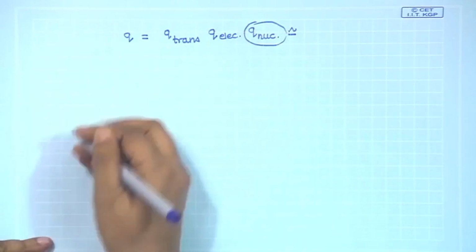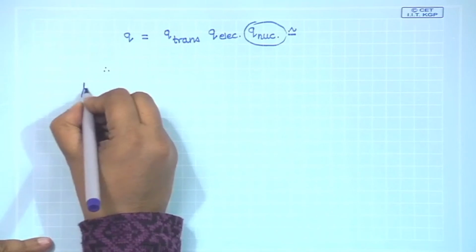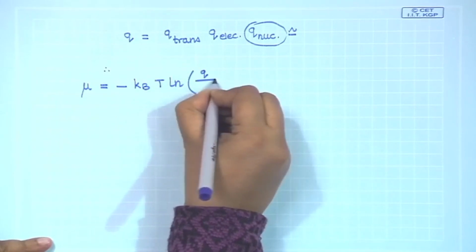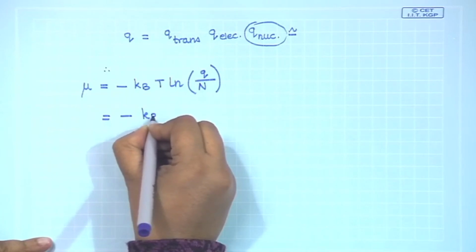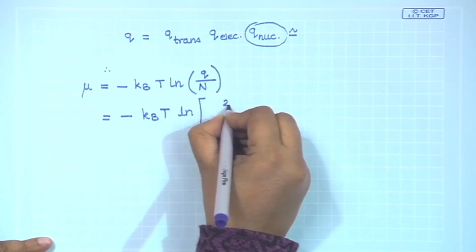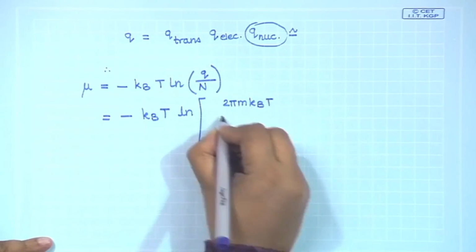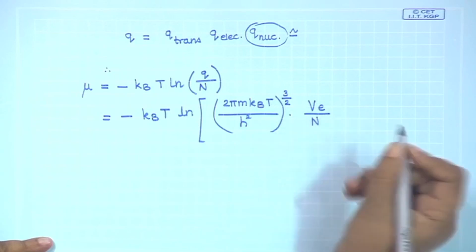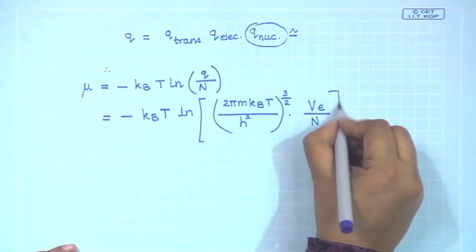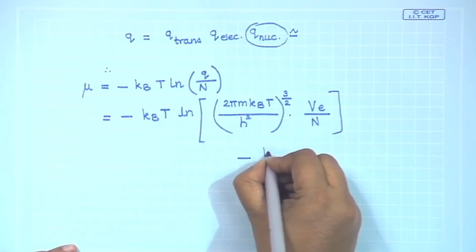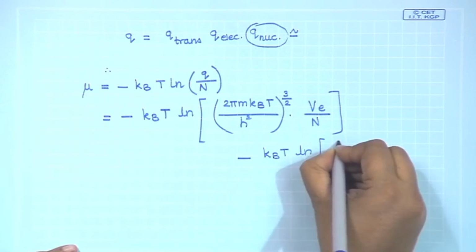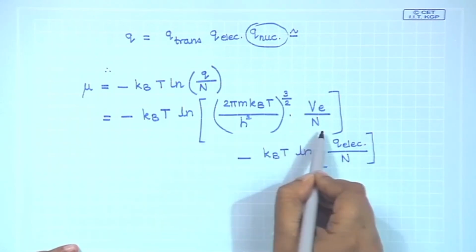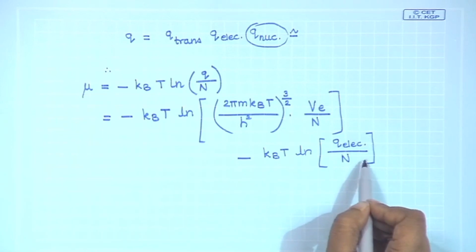So I should be able to write mu as minus kBT ln small q by capital N, and the resulting expression is small q is 2 pi m kT by h square whole to the power of 3 by 2 into V e by capital N. And then I have minus kBT ln Q electronic by capital N. So this is the translational part, this is the nuclear electronic part.